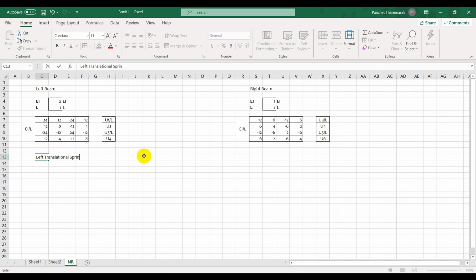But now we have the left translational spring. Basically, I think it's better to make an ID for the spring. You can be sloppy a bit here.